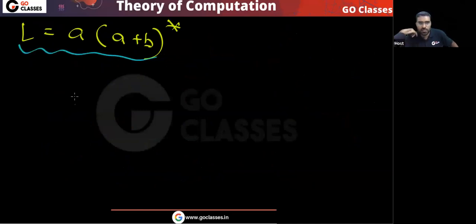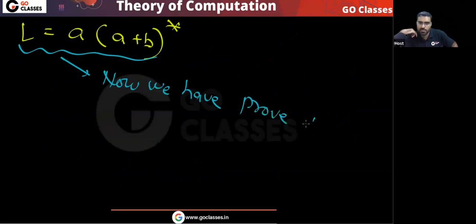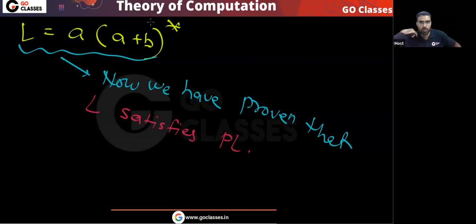Now what we have done, let me tell you. Now we have proven that this L satisfies the pumping lemma. And what is your pumping length? You can see P equal to 4 works.